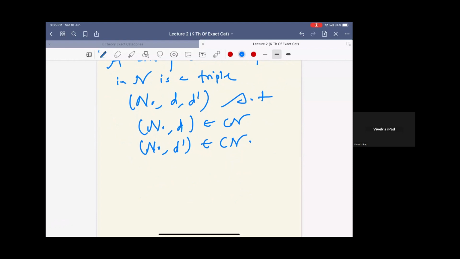It's a chain complex with two differentials.